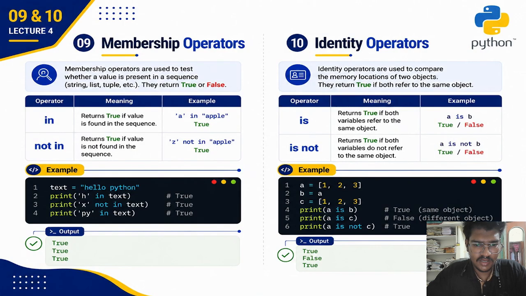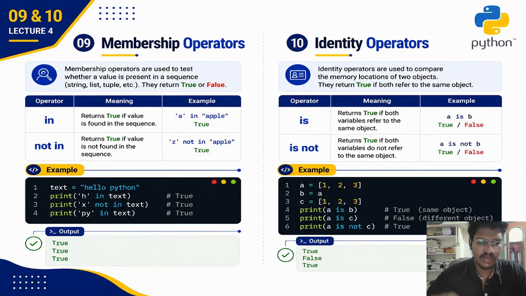When we do C is equal to A, we are assigning the same memory address of A to C. So A and C point to the exact same object.